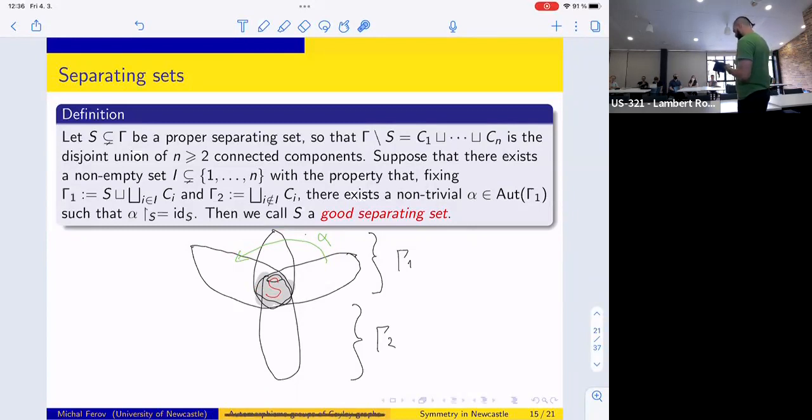So here's a simple example. Another example would be something super silly. So for example, this is a good separating set because it disconnects my graph into this square and this triangle, and I can either flip this part or this part, but I'm fixing this.